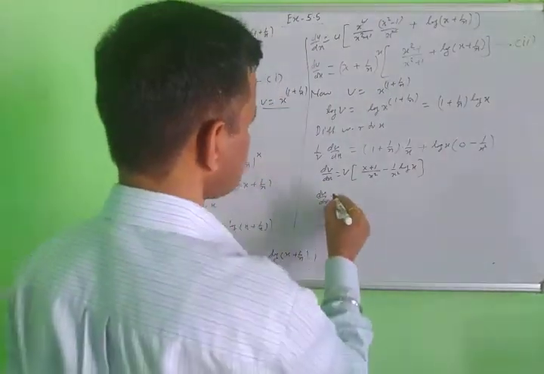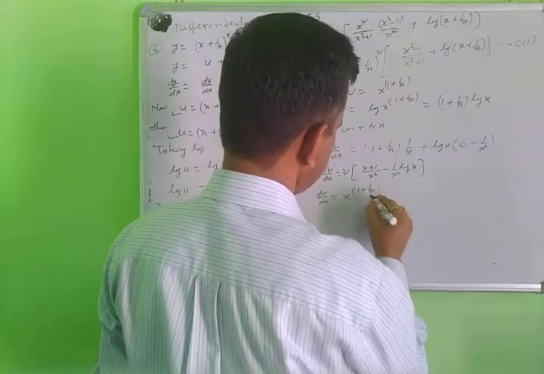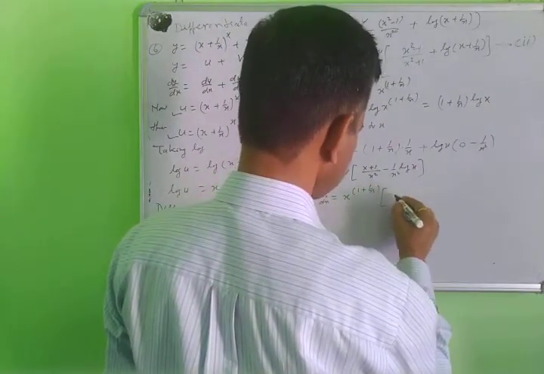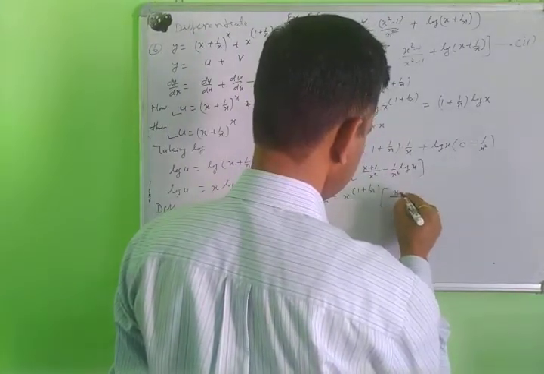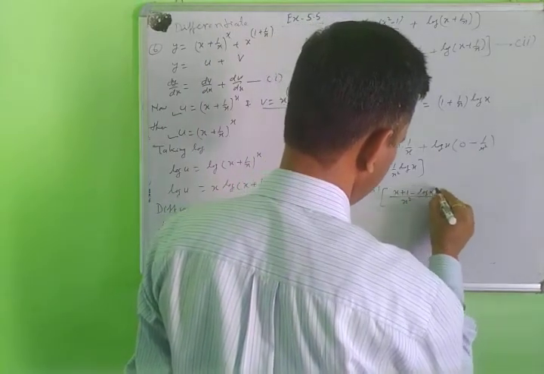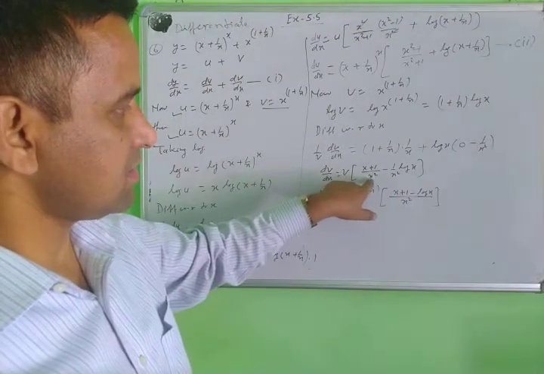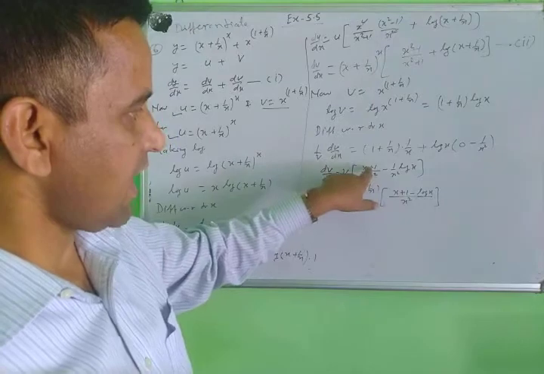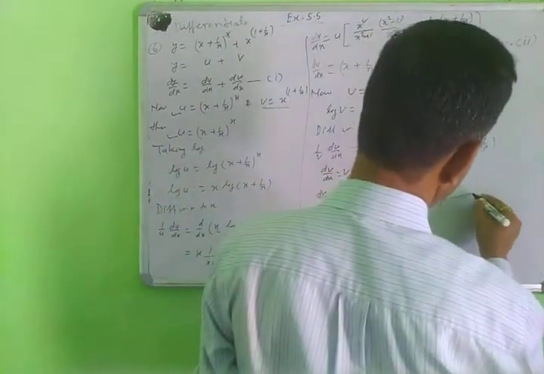Putting here x to the power 1 plus 1 upon x, here taking minus, taking x square common, x plus 1 minus log x. Here taking LCM x square, x plus 1 minus log x. So this is your equation number 3.